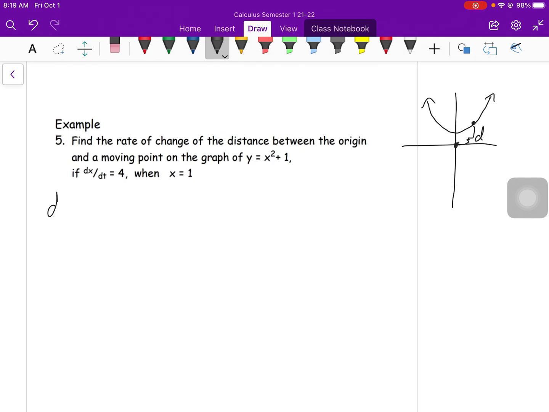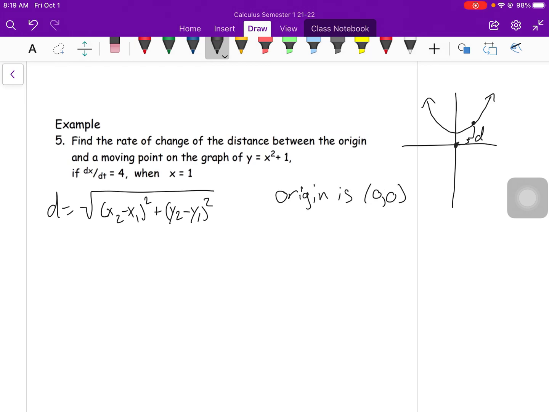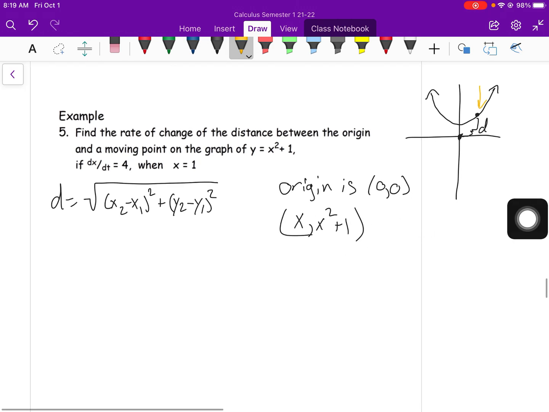So my distance formula, that's just my Pythagorean theorem, but square root on both sides, is the change in x's squared plus the change in y's squared, all under a square root. So I know my origin is 0, 0, and I know that I'm looking at the point x, x squared plus 1. All this point is telling me where that dot right there is. If I plug in x, what is the output of that?